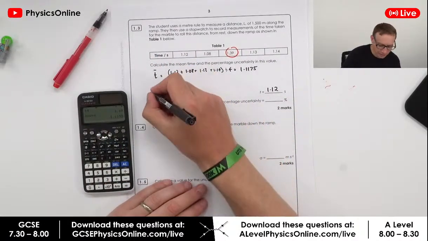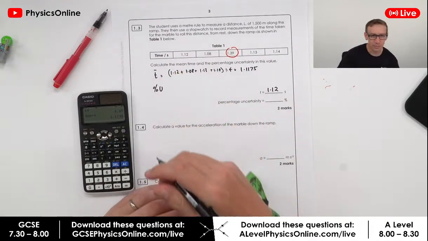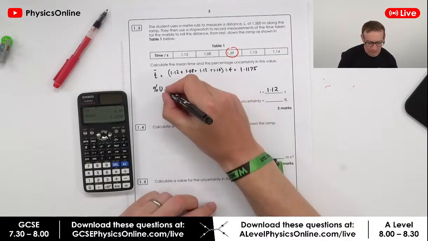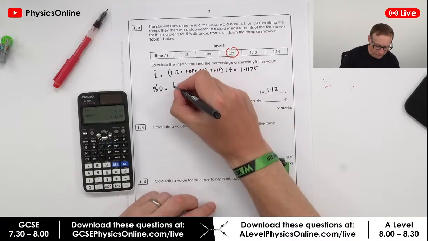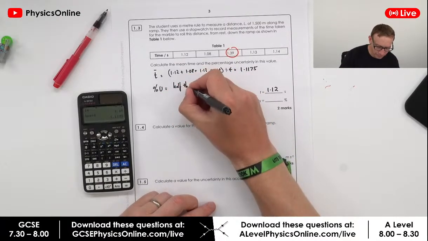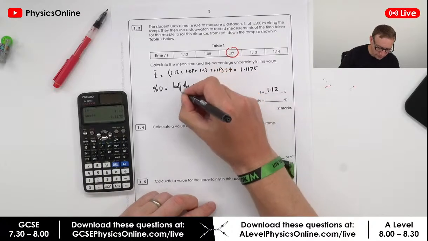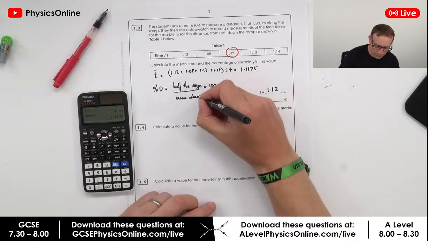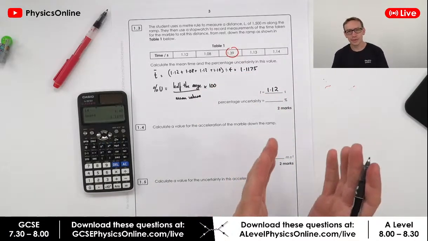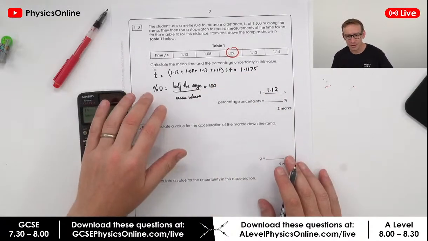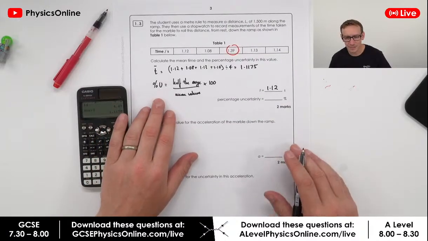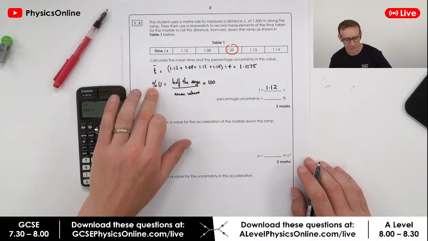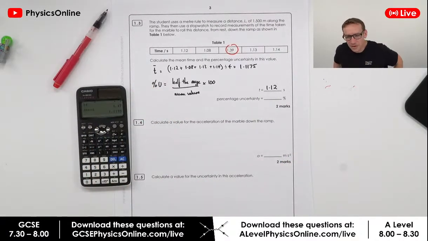Now the percentage uncertainty, because we have repeated values, is going to be equal to half the range divided by the mean value and then multiplied by 100. Because what we have here is multiple readings, and this is the way that you just have to work out the percentage uncertainty.